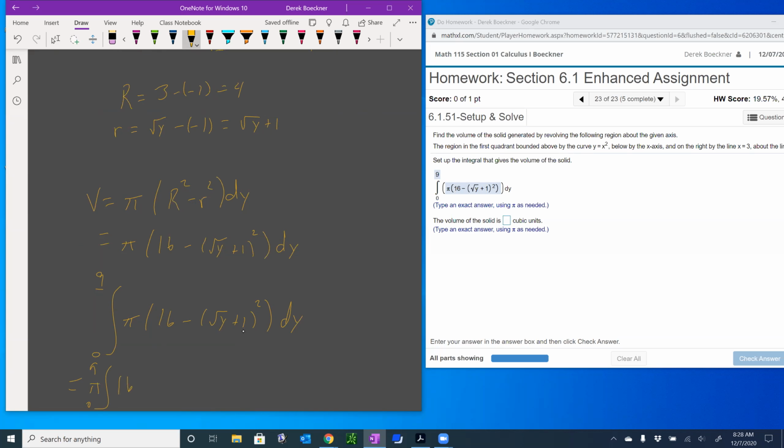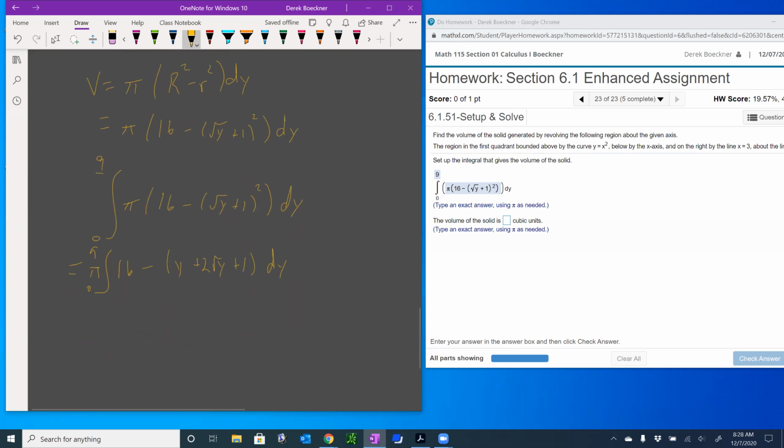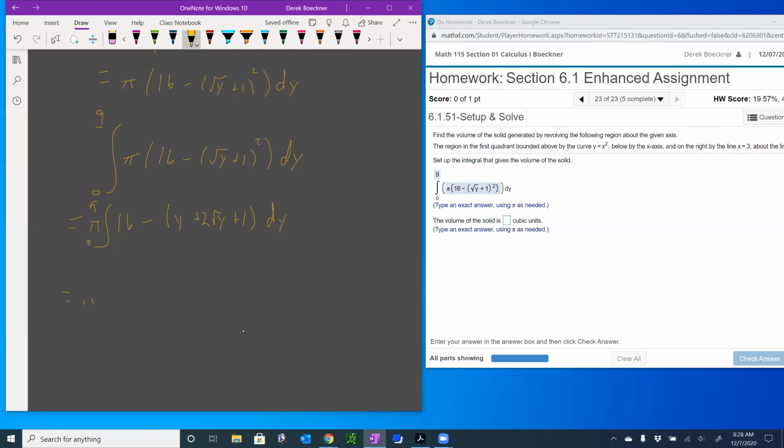I have a 16 minus y plus 2 square roots of y plus 1 dy. So pi integral 0 to 9, 15 minus 2 square roots of y minus y dy.